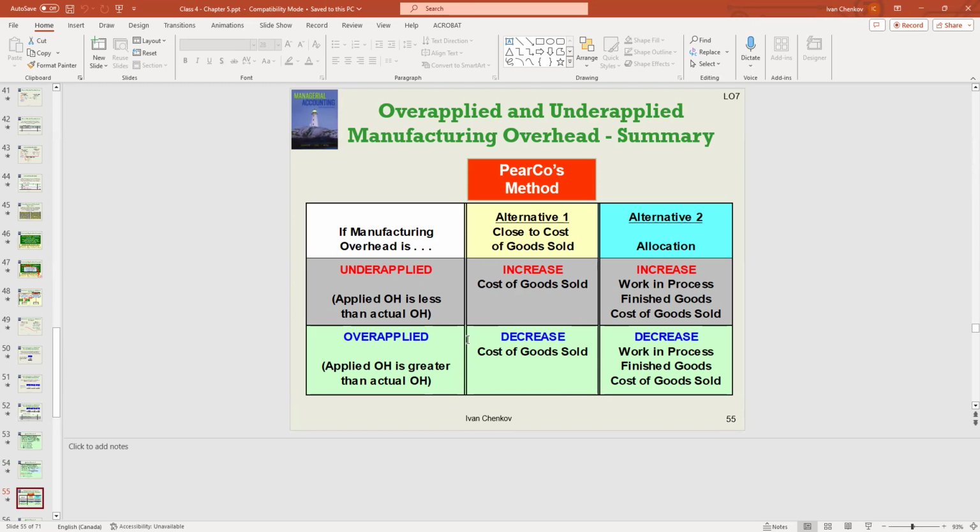Now it's better. Okay, so let's wrap up this again. If manufacturing overhead is under applied, we have to increase cost of goods sold, or increase work in process, finished goods, and cost of goods sold. If manufacturing overhead is over applied, then we have to decrease cost of goods sold, or decrease work in process, finished goods, and cost of goods sold.